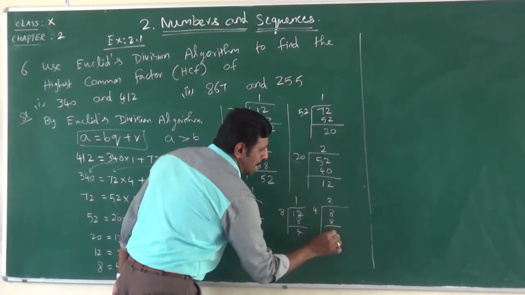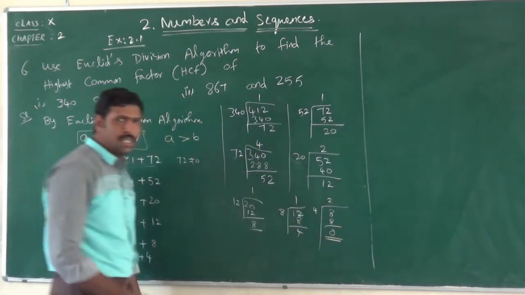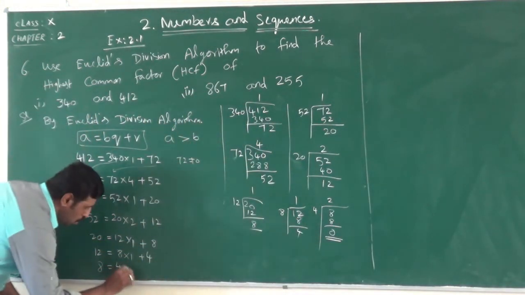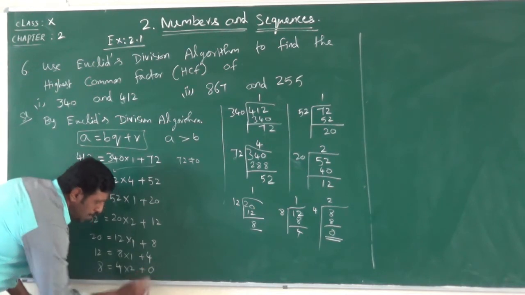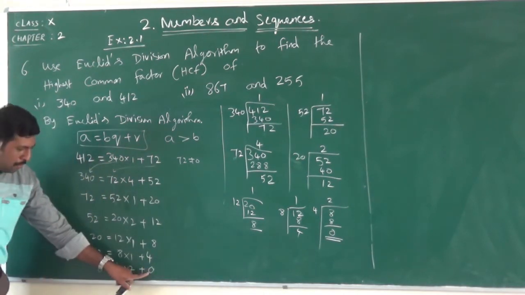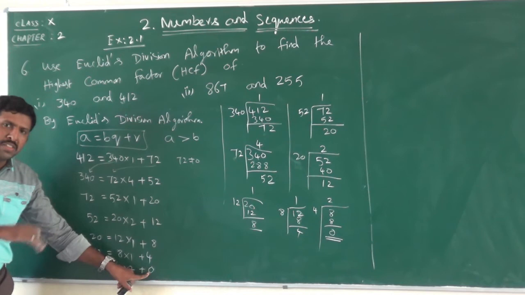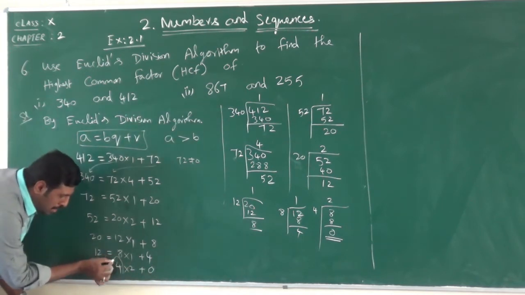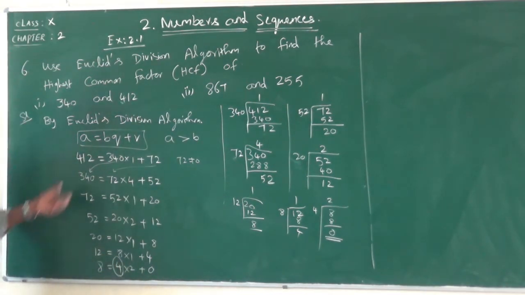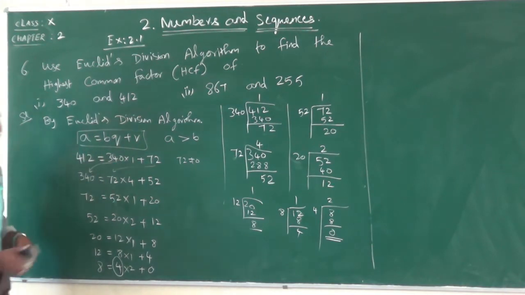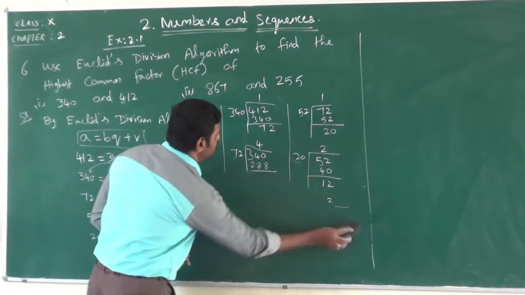4 2s are 8. The remainder is 0. Here, in whichever step you get the remainder as 0, that particular divisor is the highest common factor of these two positive numbers, right?